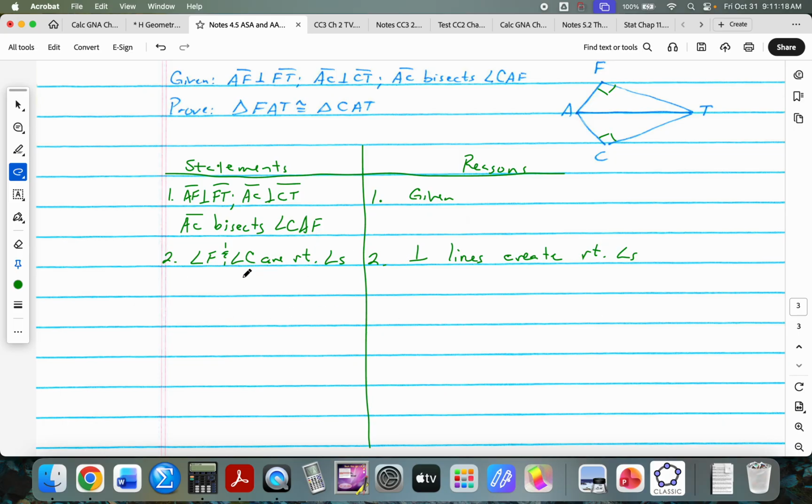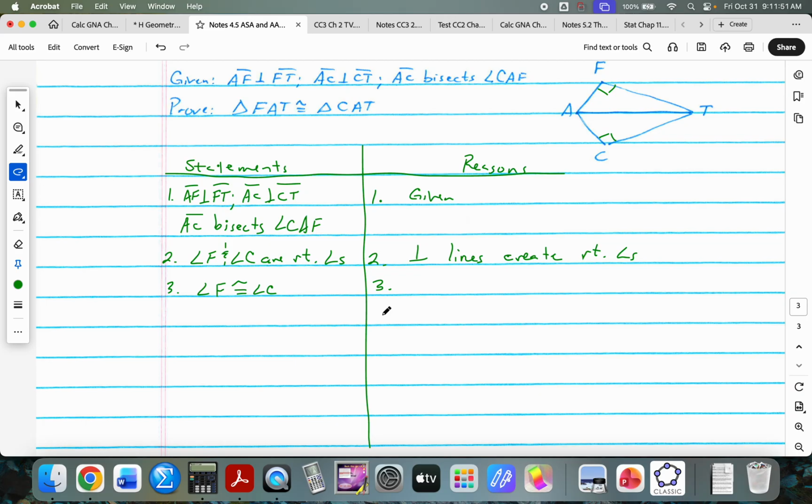But that's still not anything as congruent. Angle F equals angle C. Well, equals? I mean, is congruent to angle C because they're both right angles, so they're both 90 degrees. So, definition of right angle. Well, the definition of a right angle would say the measure of angle F is 90 and the measure of angle C is 90.